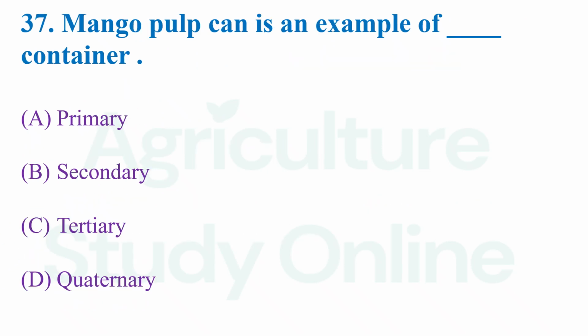Question number 37. Mango pulp can is an example of dash container. It is an example of primary container. The primary container, we know, is the one that is in direct contact with the food product. Now, a mango pulp can directly holds the pulp, so it is primary packaging.